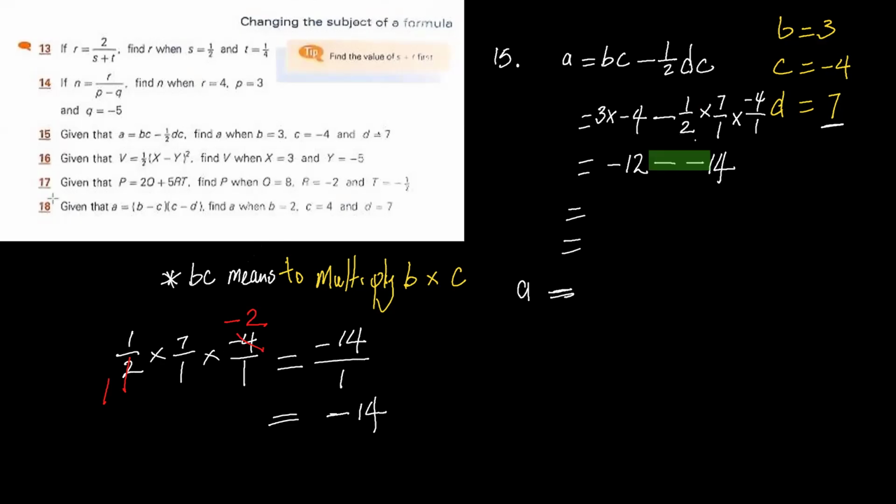So that's what we did. So that is a little trick. So it's -12 plus 14. Now, when the signs are different, subtract the numbers. And we're going to follow the sign of the bigger number. So 14 is bigger than 12. In front of the sign is plus. So that's how we got A equals 2.